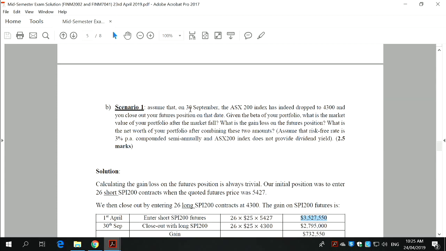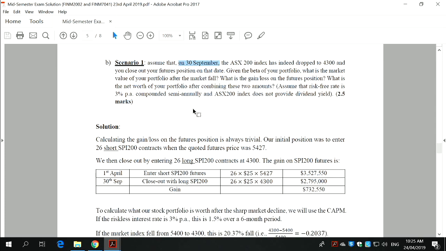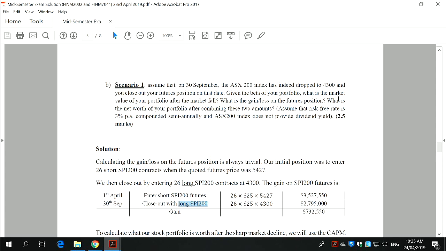Remember, this is a 30th of September maturing contract, right? So the contract is maturing on 30th of September, and you're closing out the contract on the same day, which means the SPY 200 price should converge to the spot price, right? So you were told the spot price is 4,300. So that's the price that you should be longing.